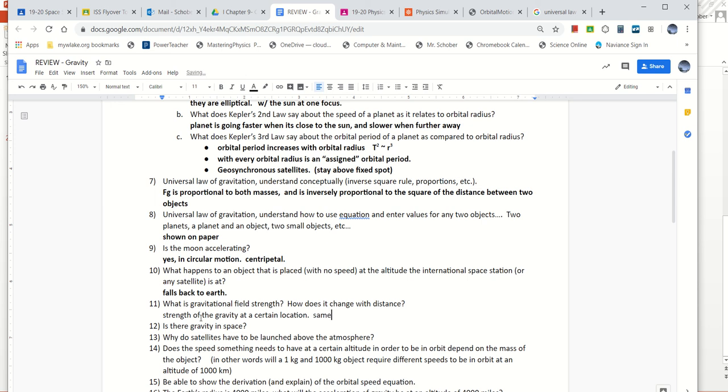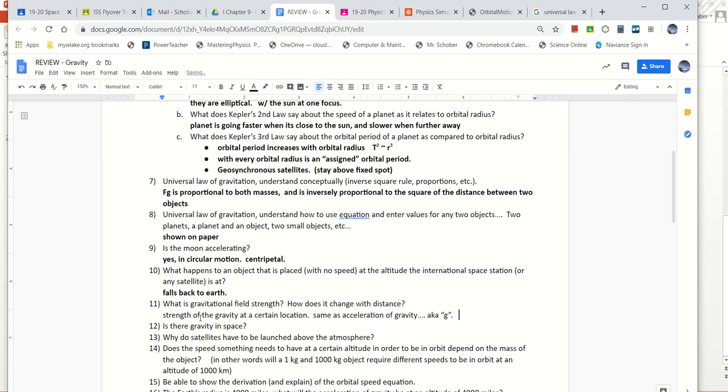That is, for our purposes, the same as the acceleration of gravity, aka small g, which is equal to 9.8 meters per second squared on the surface of the Earth, or you could say 9.8 newtons per kilogram. In other words, 9.8 newtons of force will be pulling on you for every kilogram of mass that you have.